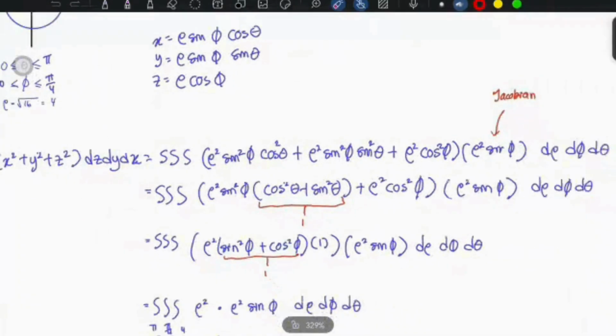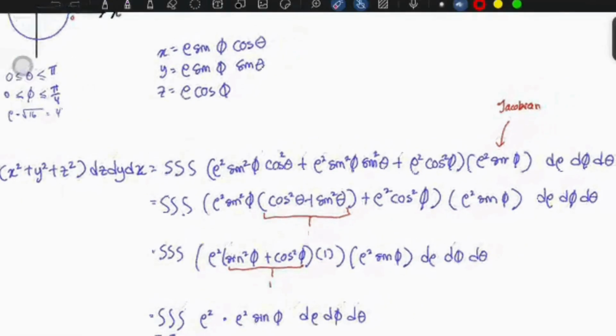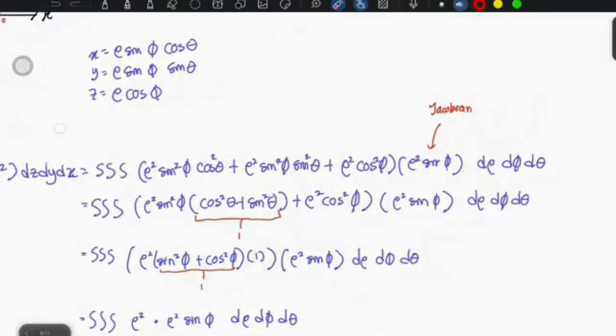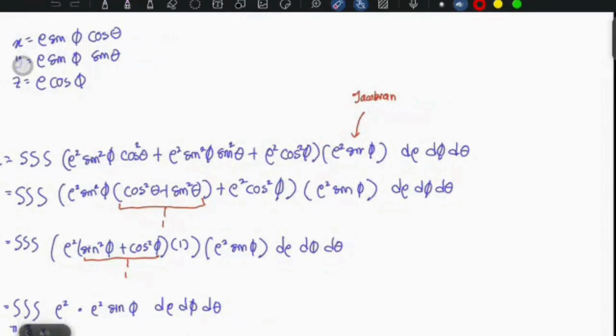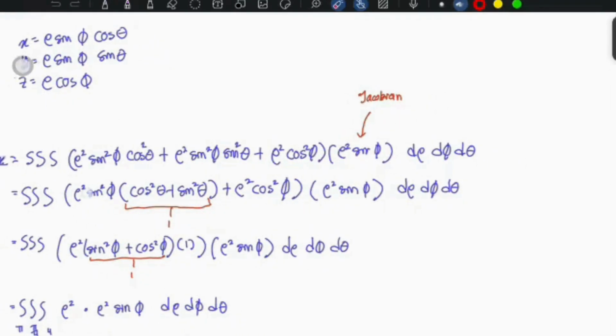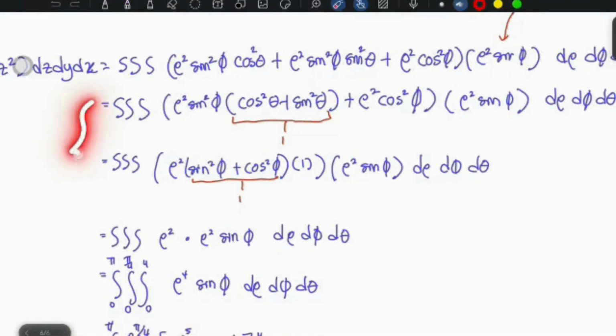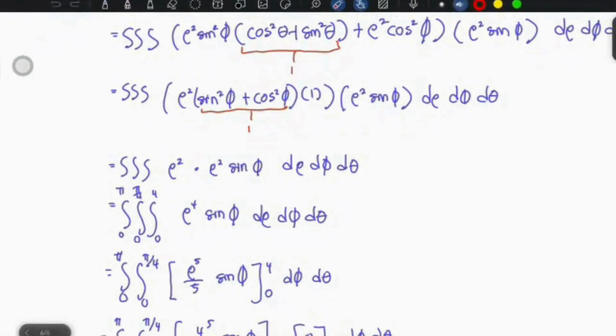Then we change x squared plus y squared plus z squared into spherical form, which is rho squared sine squared phi cos squared theta plus rho squared sine squared phi sine squared theta plus rho squared cos squared phi, times the Jacobian, which is rho squared sine phi d rho d phi d theta. After that, we simplify it and get the triple integral of rho squared times rho squared sine phi d rho d phi d theta.